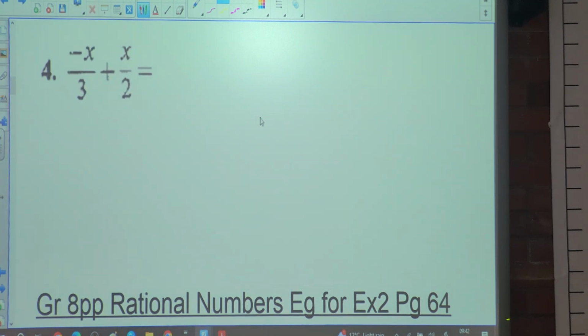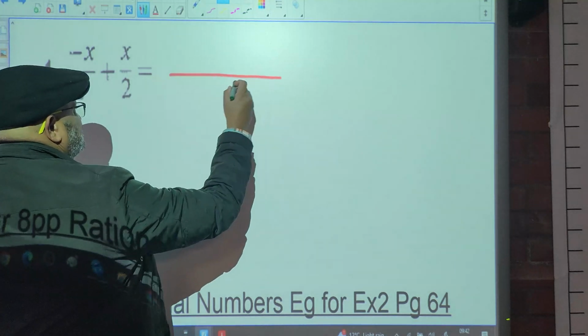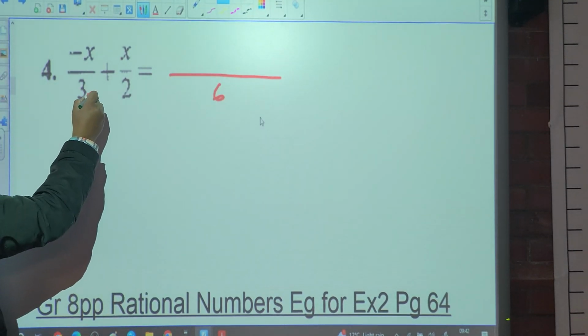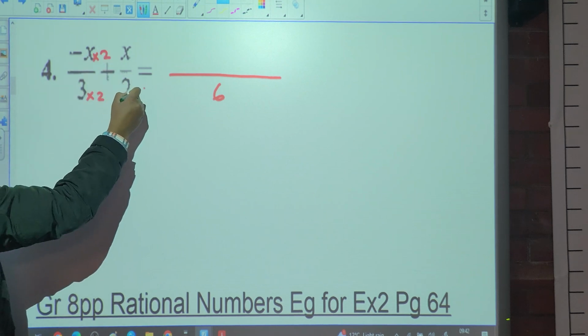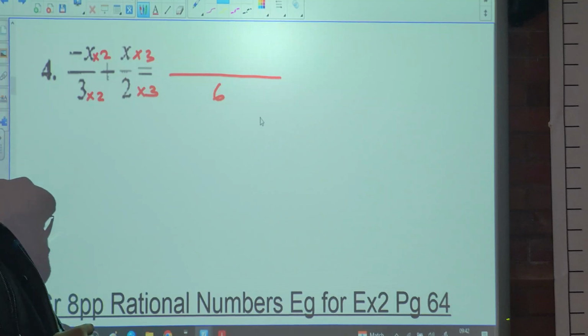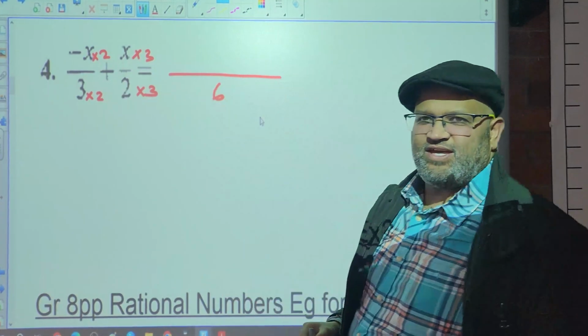Number 4. We've got negative x over 3 plus x over 2. What is your LCM here? 6. Let's multiply this by 2 and this by 3 to get the equivalent fractions. What's negative x times 2?